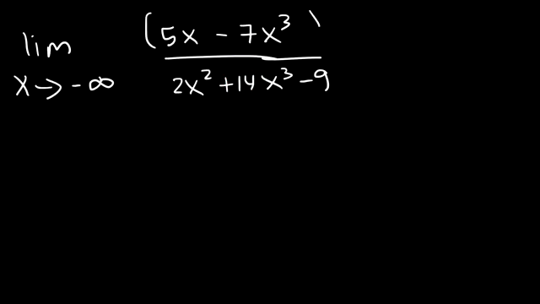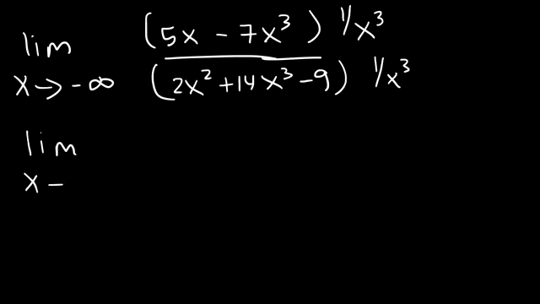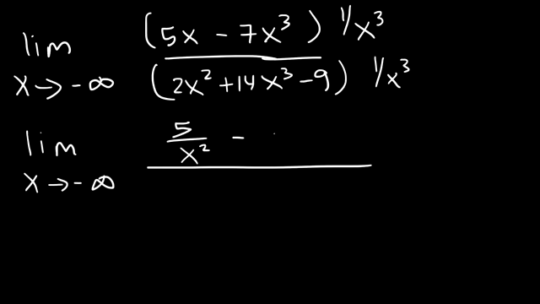But now let's show the work. Because the highest degree is 3, I'm going to multiply the top and the bottom by 1 over x cubed. So what we're going to have is the limit as x approaches negative infinity of 5 over x squared minus 7 divided by 2 over x plus 14 minus 9 over x cubed.